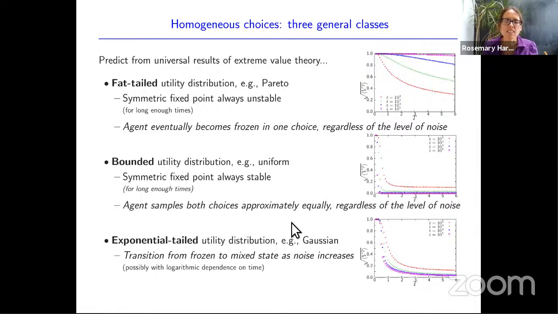The interesting case, as I hinted at before, is the case of exponential tails. Then you really do have a transition from a frozen state for low values of noise to a mixed state for high values of noise, possibly with some logarithmic dependence on time.